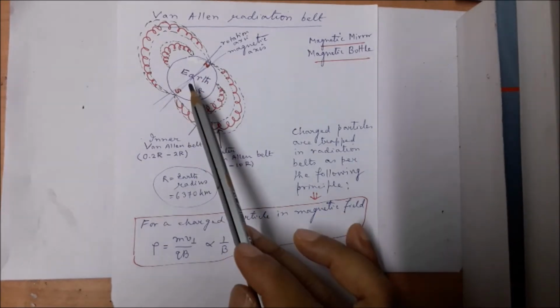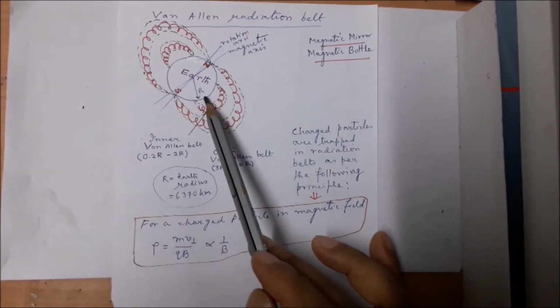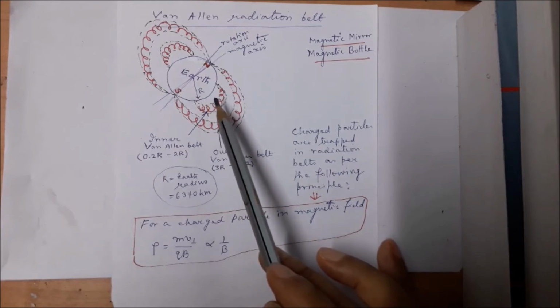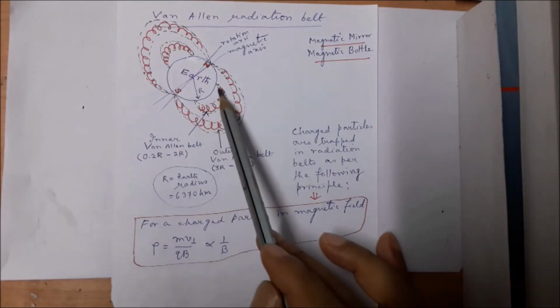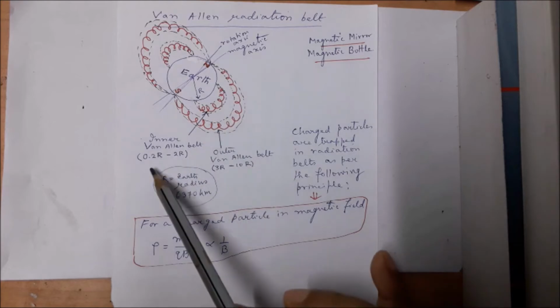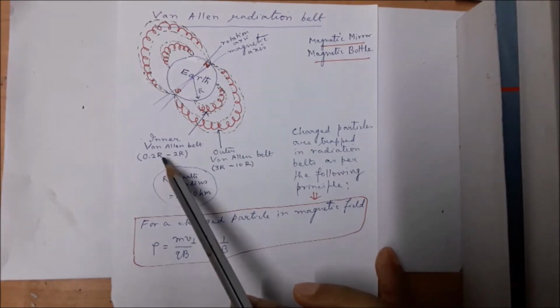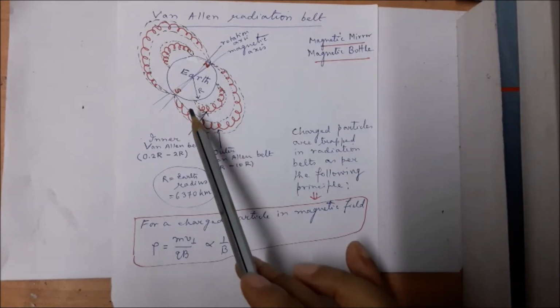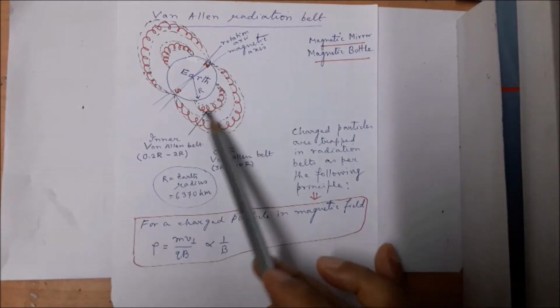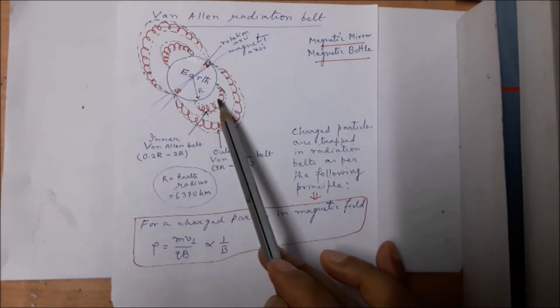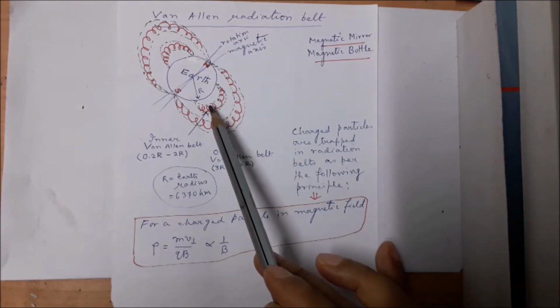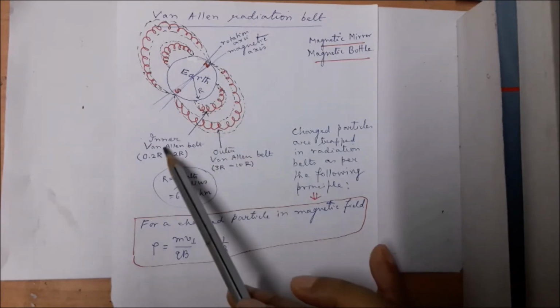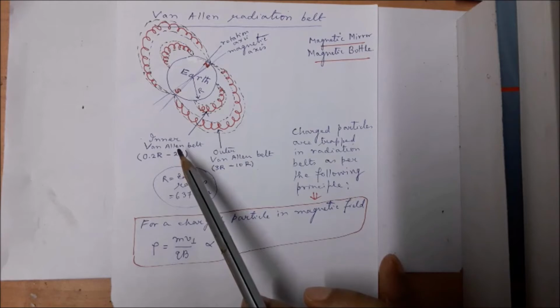Now if we move up from Earth's surface, one finds one layer between 0.2 to 2 times Earth's radius, and this layer contains trapped charged particles. This is called the inner Van Allen belt.